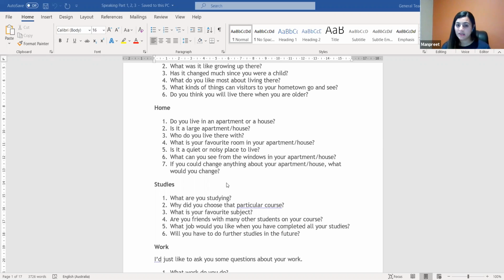So if given a chance, what would you like to change in your apartment? Well, there are several changes I would like to put in my apartment. First, the interior of the house can be improved more, especially because this is a rented apartment, so I am not eligible to do any changes.